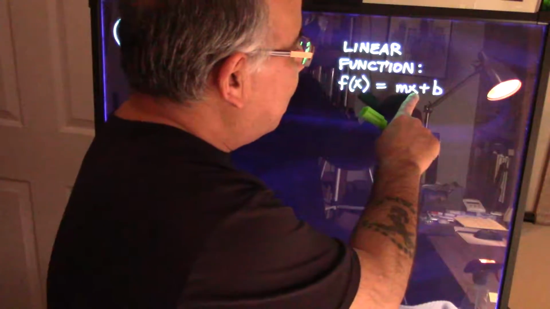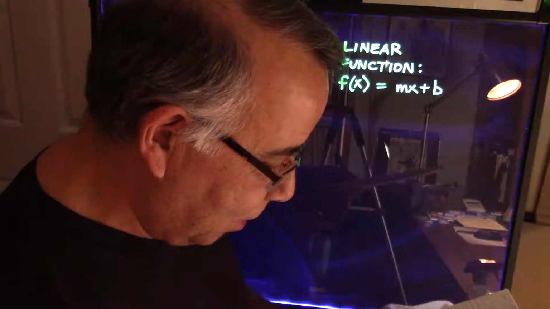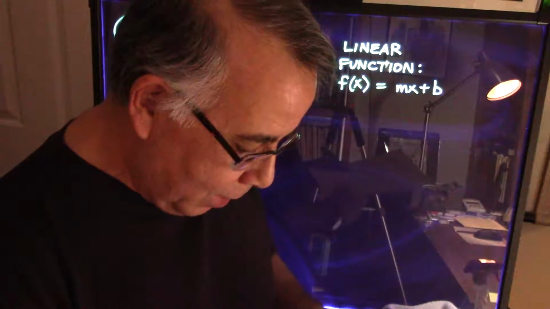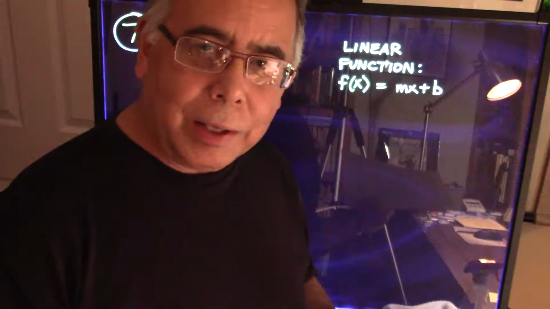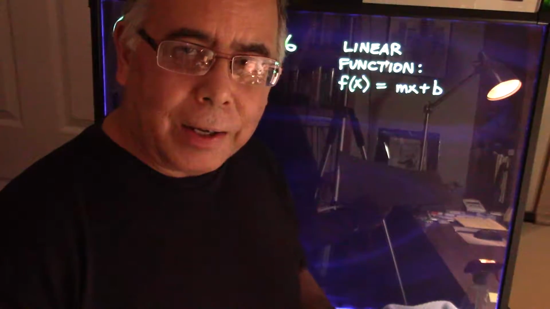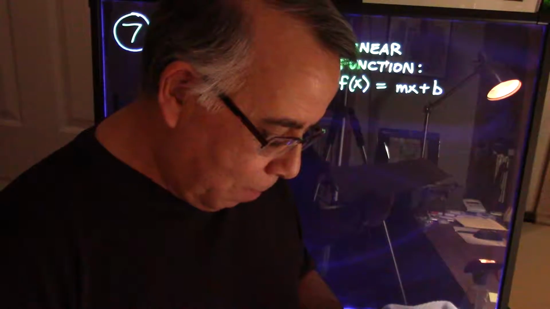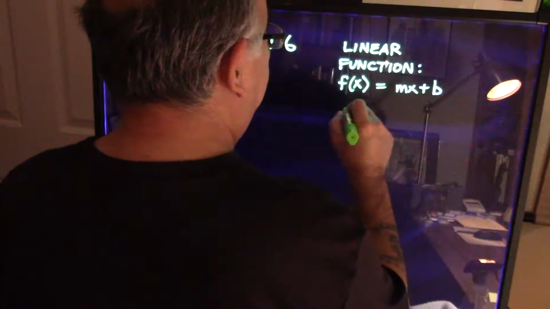The variable is right there, the x. You can also use different letters for x as well. Traditionally, variables use the letters at the end of the alphabet, and constants use letters toward the beginning of the alphabet. Okay, so m and b are constants.